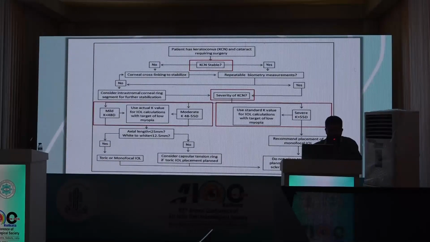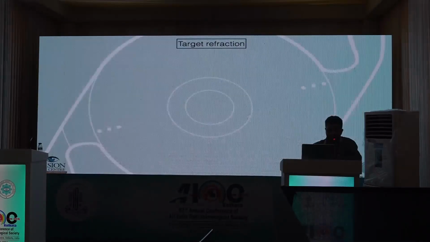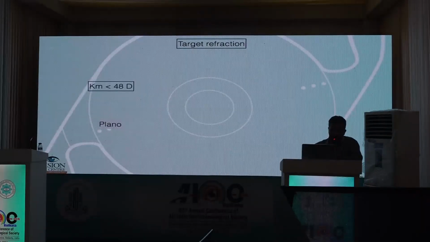If it's mild to moderate keratoconus, which means that the keratometry is less than 55 diopters, you can consider a toric IOL because that has reasonable outcomes. Whereas if it's very severe keratoconus, the keratometry values are more than 55 diopters, then absolutely do not place a toric IOL. And in terms of your IOL power selection, if the keratometry values are less than 48 diopters, you can go for plano.